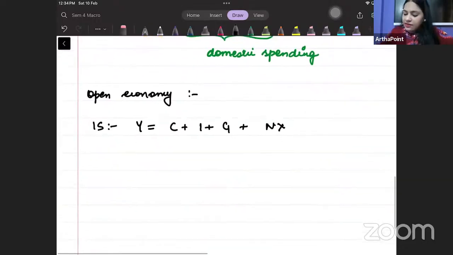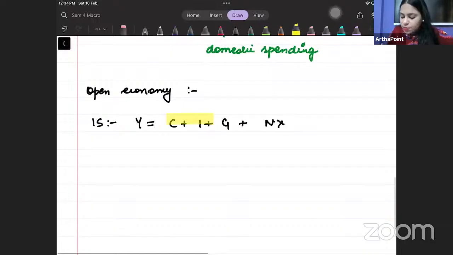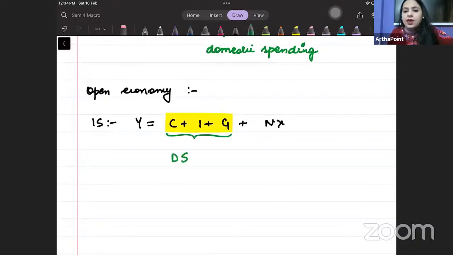And we are saying that this part, c + I + g, I can call domestic spending. What was domestic spending a function of? Simple, income and interest rate. The IS curve built until today was between income and interest rate.